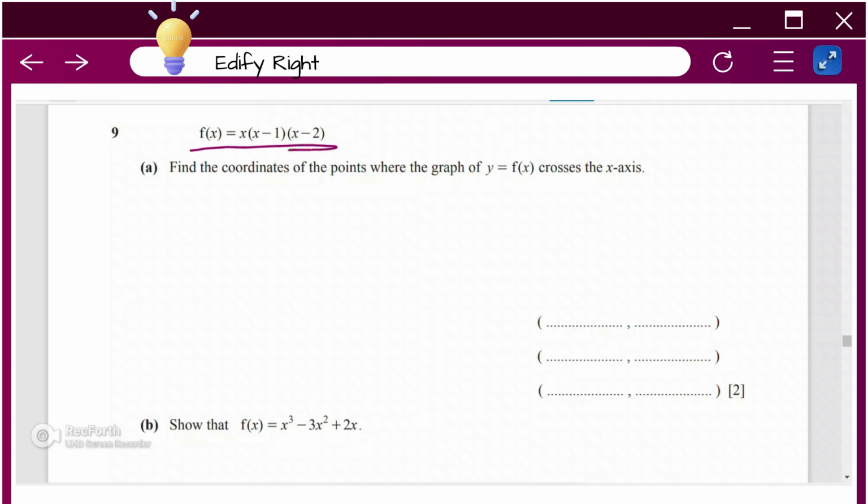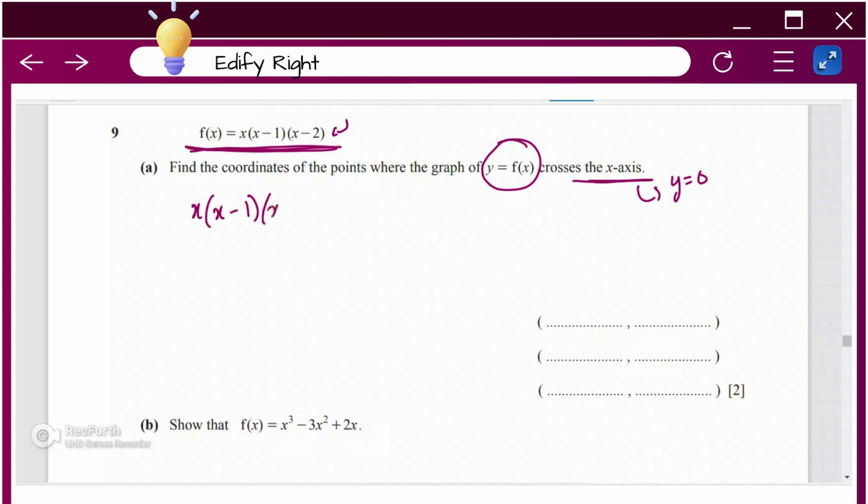Here we have f of x equal to x into x minus 1 into x minus 2. Find the coordinates of the points where the graph y equal to f of x crosses the x-axis. So now here the hint is it crosses the x-axis, which means the y coordinate is 0. So in this, I'm going to substitute the y coordinate to be 0. So I get x into x minus 1 into x minus 2 equal to 0.